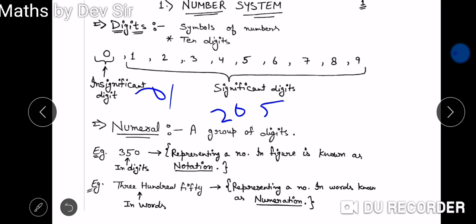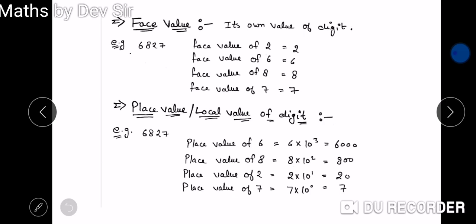And if I am writing this number 350 in words, then representing a number in words is known as numeration. It is about digits and numerals.